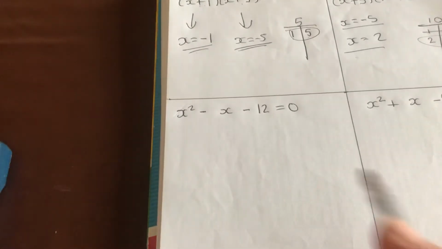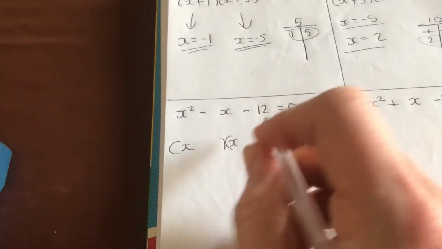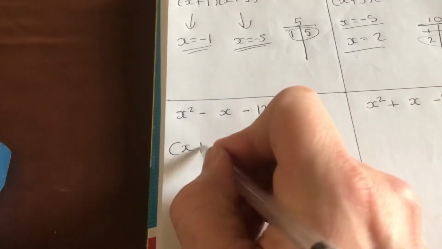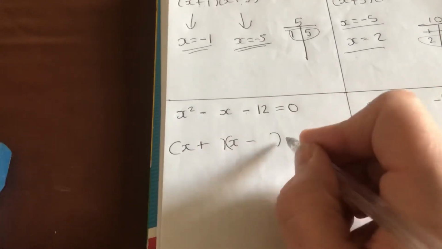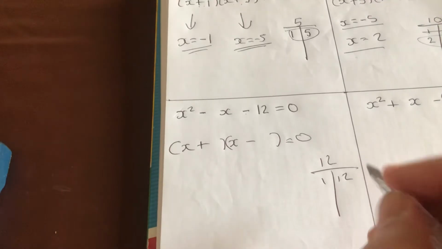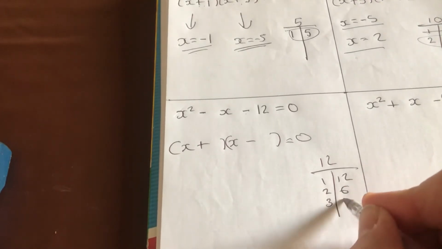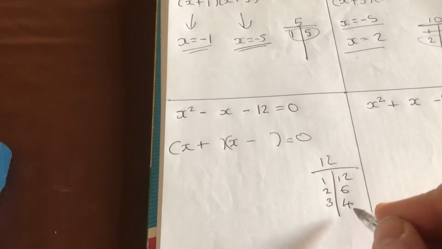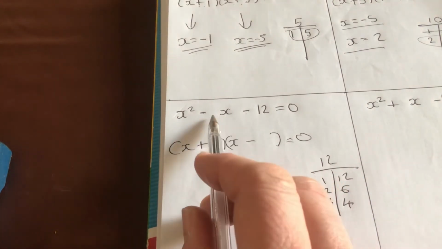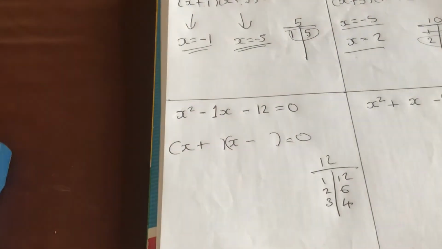Well, let's have a look at this one. Well, again, we've got a negative there, so I've got a plus and a minus. I do the factors of 12: 1 and 12, 2 and 6, 3 and 4, that's it. And I always advise putting a little 1 there so you know what you're doing.